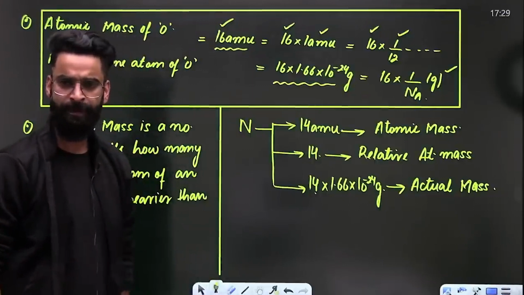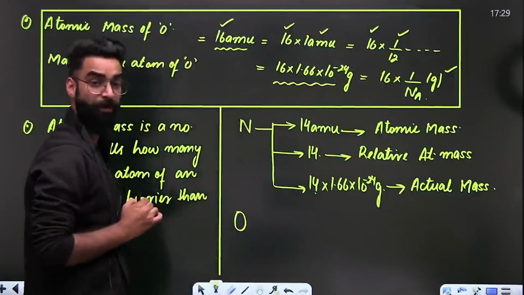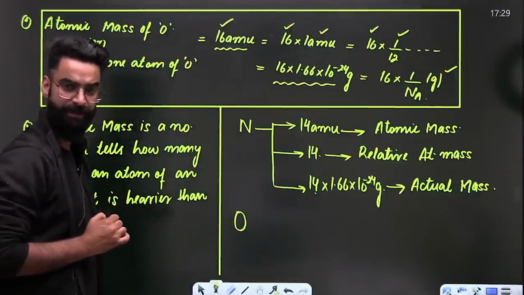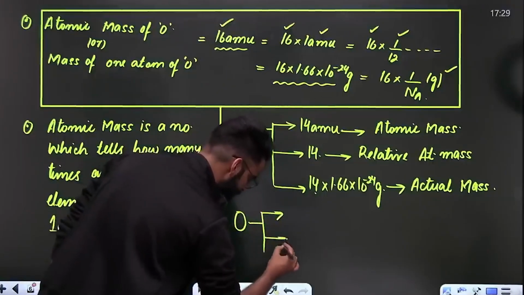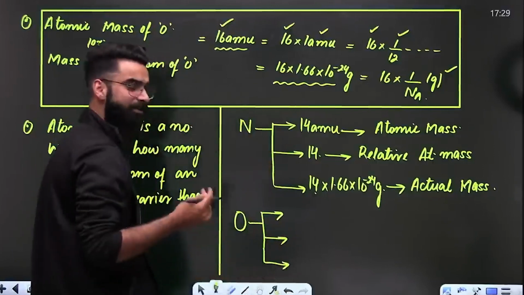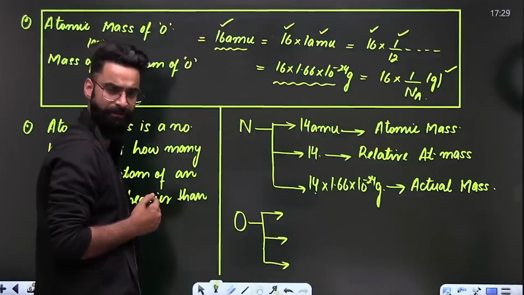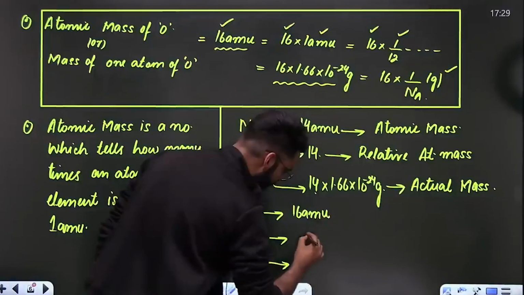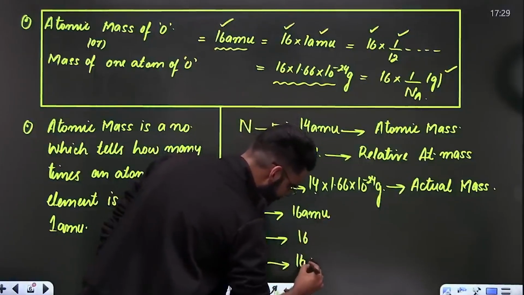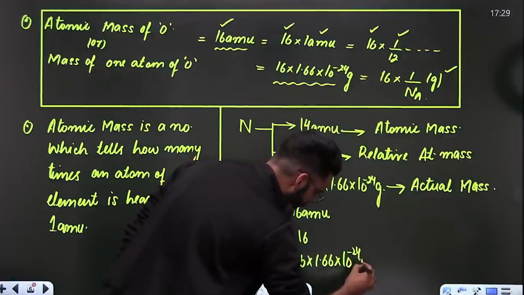Similarly, if I take oxygen into consideration, related to oxygen, I'm writing again three terminologies. First I'm writing 16 AMU, then I'm writing only 16, then I'm writing 16 multiplied by 1.66 into 10 raised power minus 24 grams.